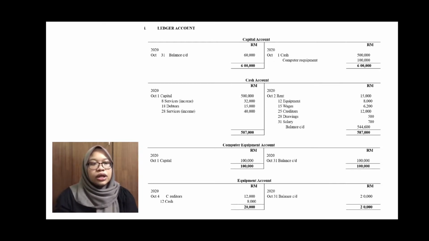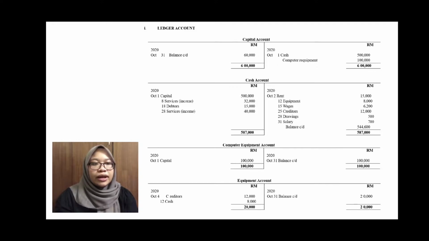In the cash account, 1 October for the capital, 8 October for the service income, 18 October for the debtors, 28 October for the service income, it becomes 587,000. On 2 October for the rent, 20 October for the equipment, 50 October for the wage, 25 October for the creditor, 28 October for drawing, and the last one, 31 October for the salary, and the balance becomes 587,000.